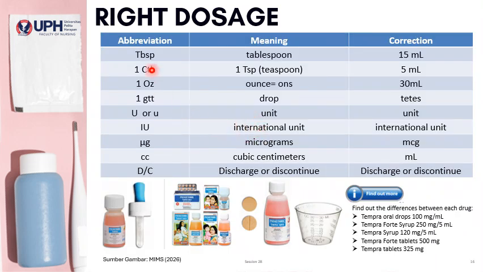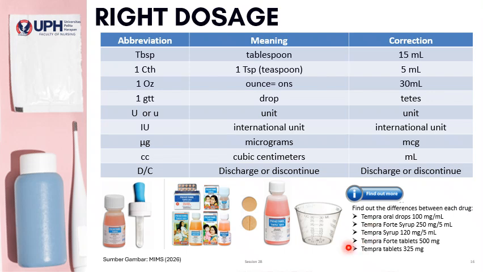And this is the abbreviation, the meaning, and the correction, how you use it. So you have TBSP or tablespoon, 1 teaspoon TSP, and 1 cochlear T is like 5 mils, and you have 1 oz, GTT, unit, and international unit as well.